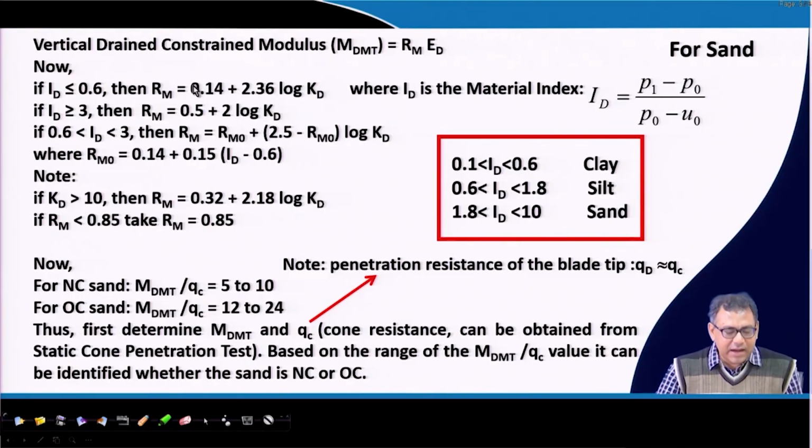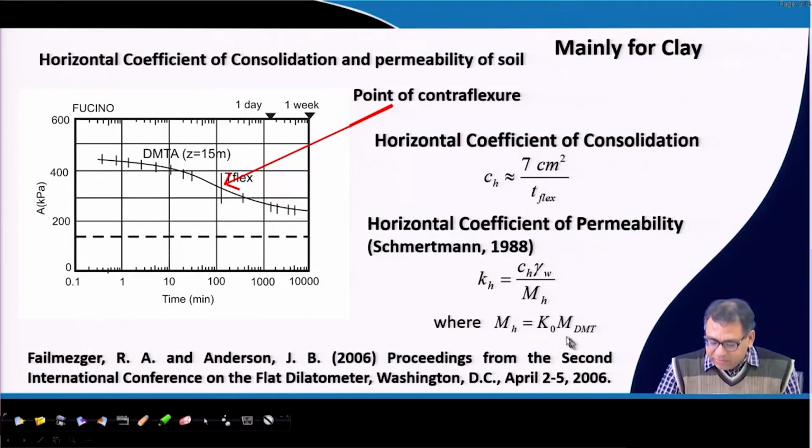I will get the RM for the clay from this equation, with KD and log10 RM, and I know the ED, so I will get the DMT. That DMT I will put here, I will know the K0, I will know the MH, and that MH I will put here, and I will get the KH, the horizontal coefficient of permeability. Is it clear?